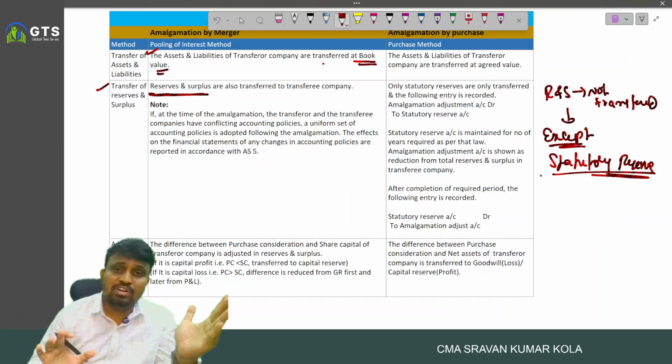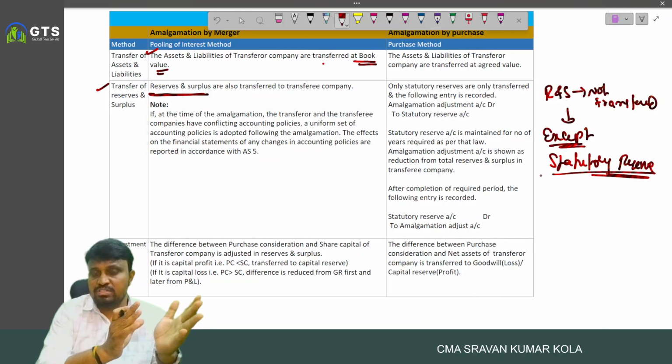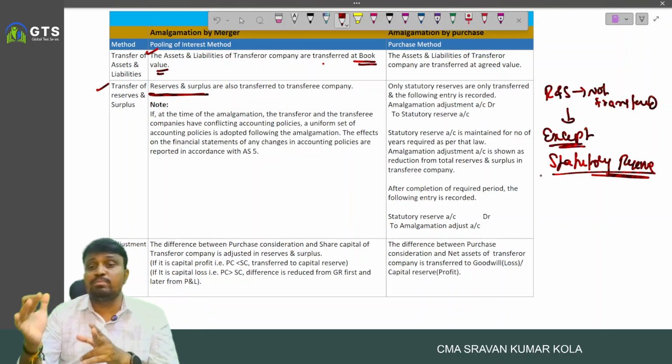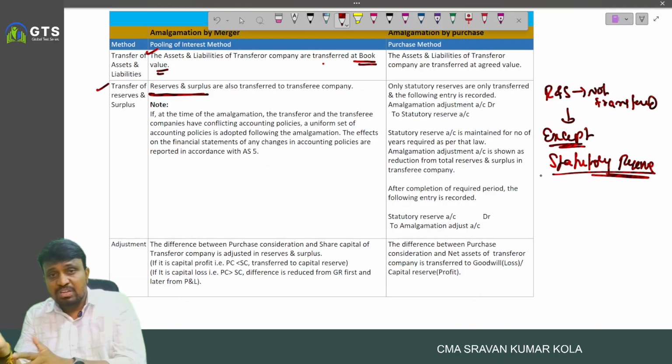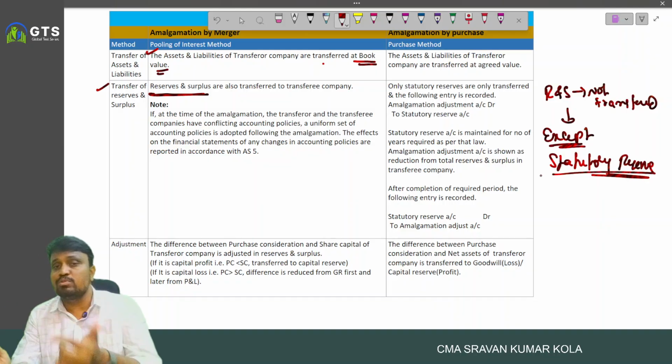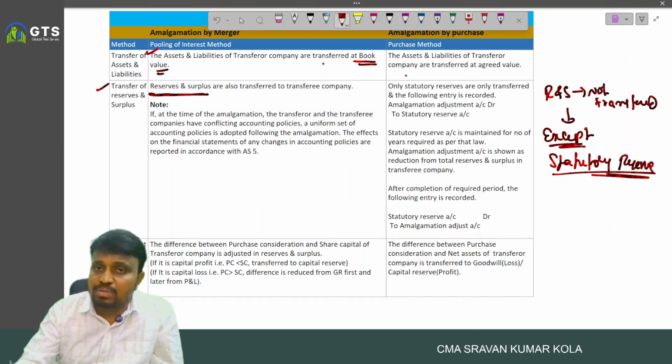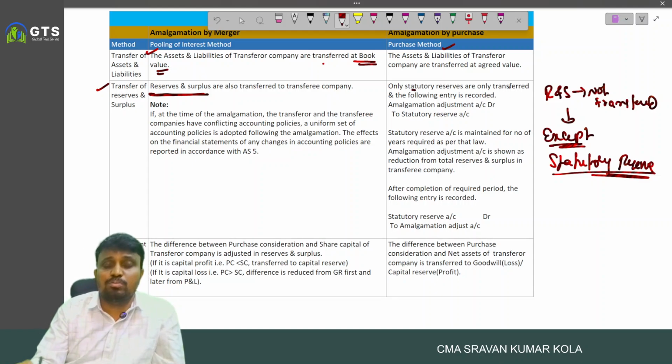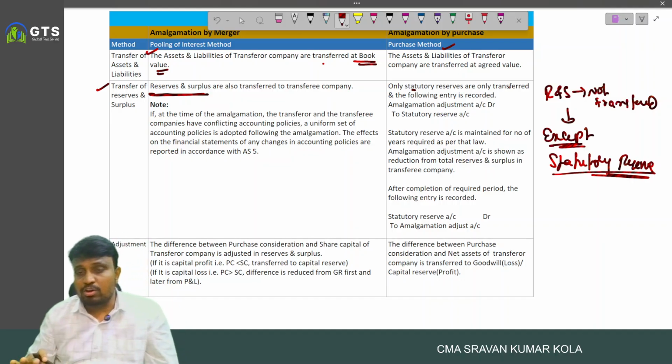Suppose the transferor company has already maintained it for 2 years. The remaining 3 years must be maintained by the transferee company. In that case, the statutory reserve is incorporated in the books of the transferee company under the purchase method. So only statutory reserves are incorporated; other reserves are not.